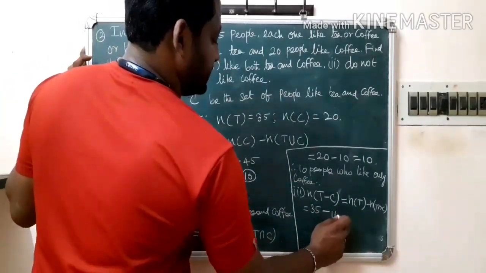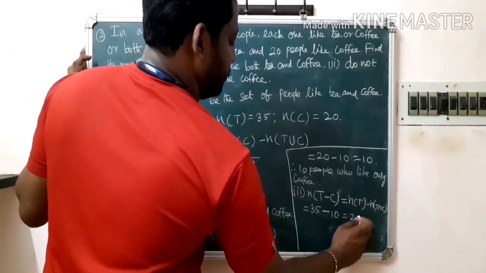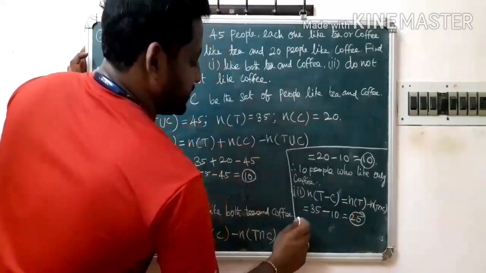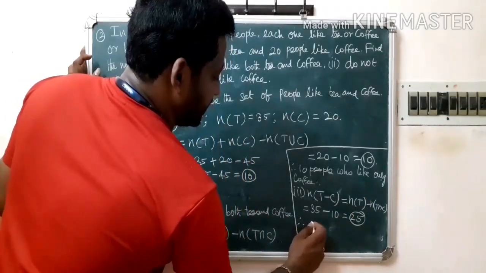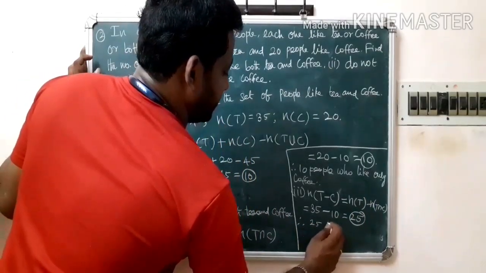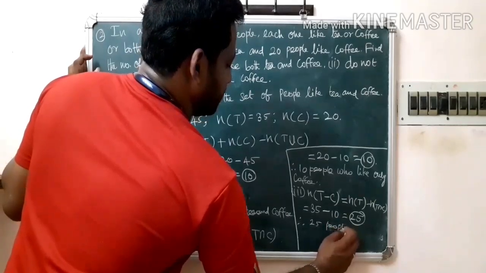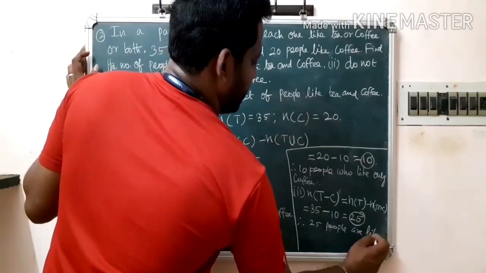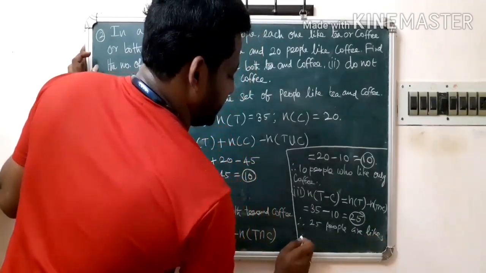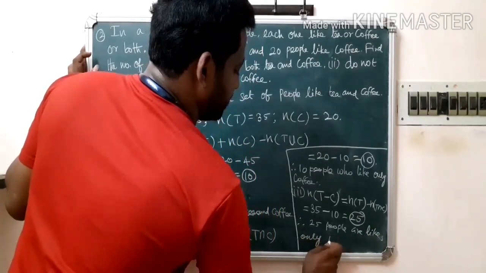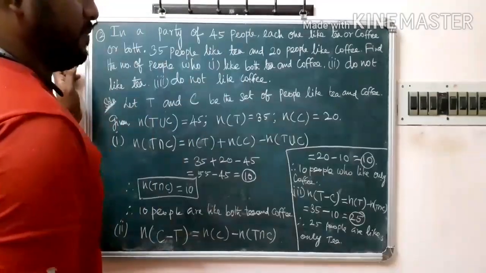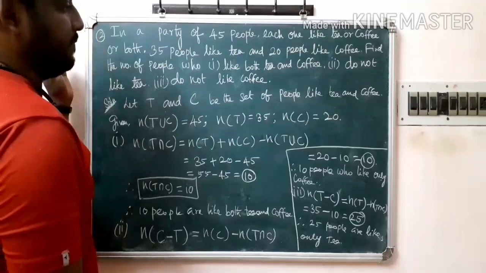So 35 minus 10 is equal to 25. Therefore, 25 people like only tea.